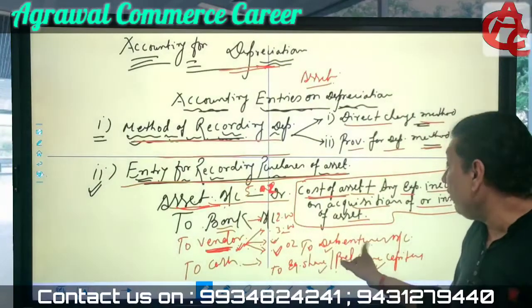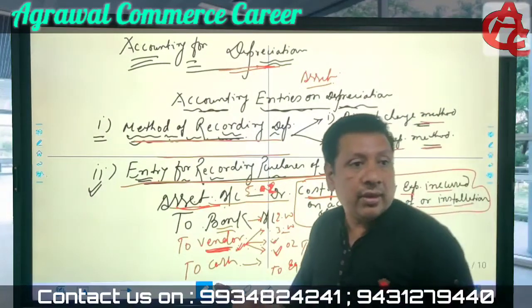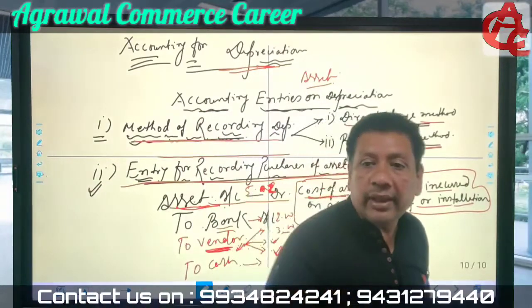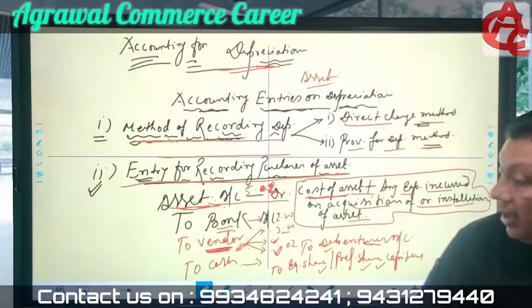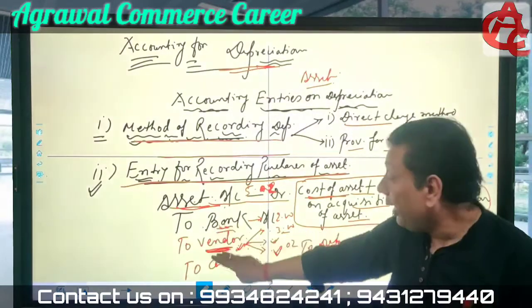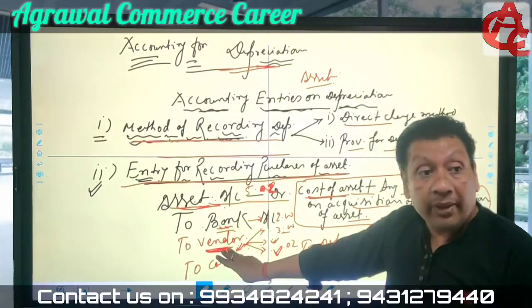If the company issues debentures, a debenture is also a liability, so liability increases. The basic rule, you know: increase in asset, debit; increase in liability, credit; increase in capital, credit; decrease in assets, credit. Vendor is a liability because you haven't paid the amount.